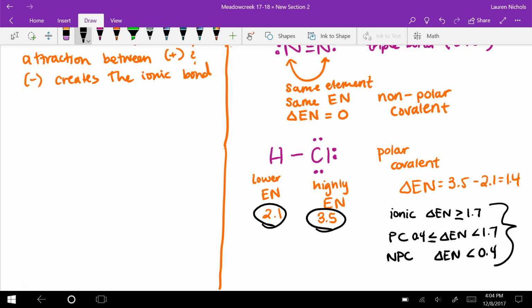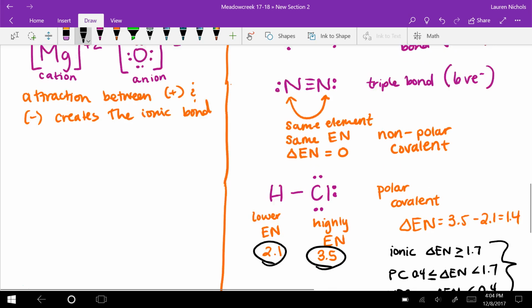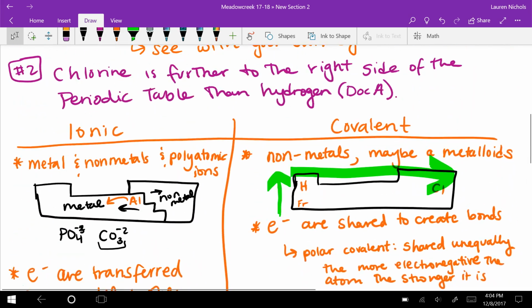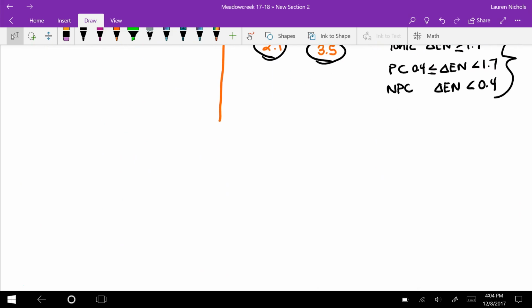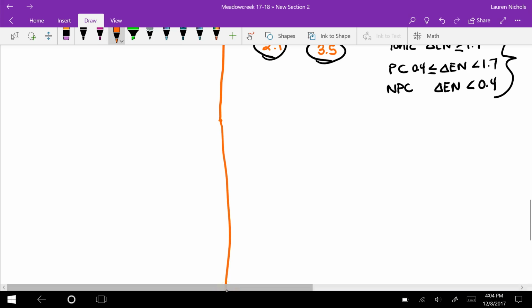Okay. Now, these are all the chemical ways that ionic and covalent compounds are different, but if we want to talk about physical properties too, because we know that there are, again, a lot of differences between these things.